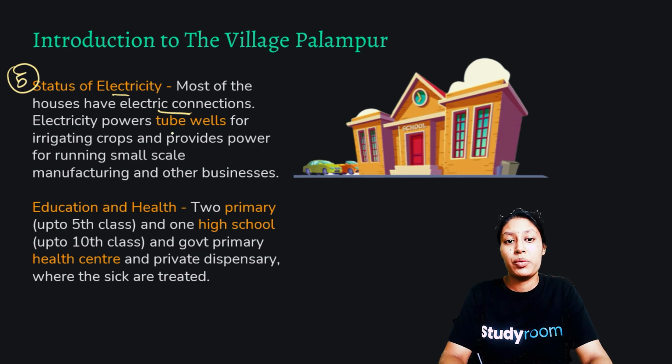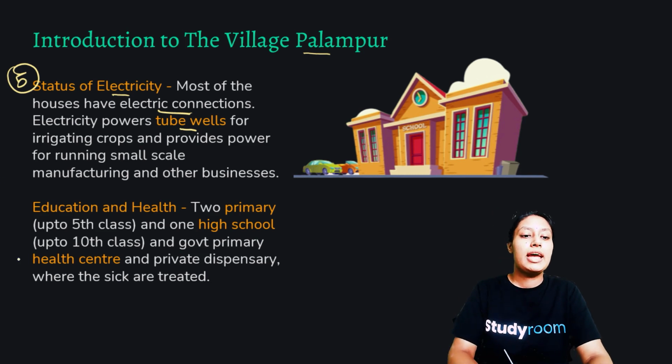Electricity is also used to power tube wells for irrigating crops and for other purposes, for factory purposes as well. Okay, so again, electricity is essential today. The way you and I are connected is through electricity. So in the village of Palampur, electricity is well connected as well, and the electric power is used for tube wells, for irrigation, and for other purposes related to manufacturing in factories.